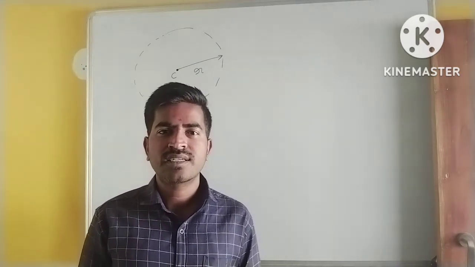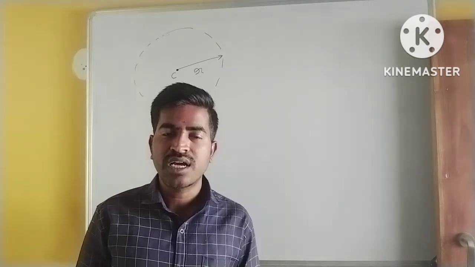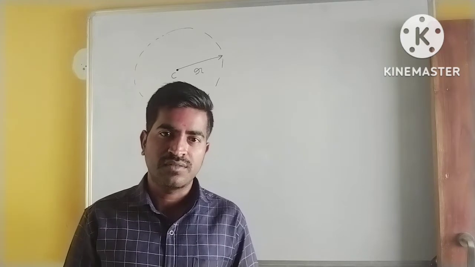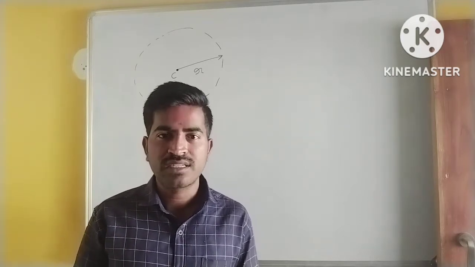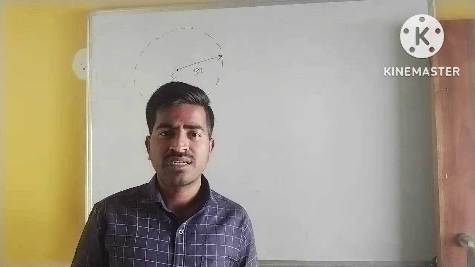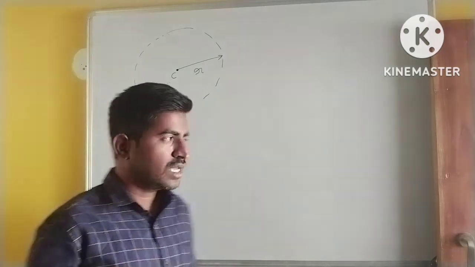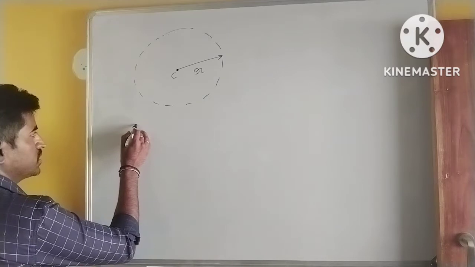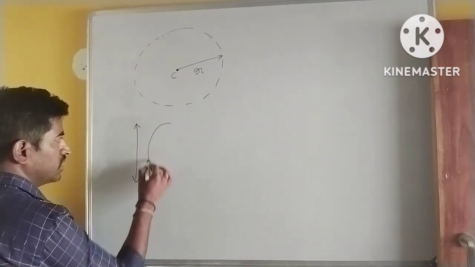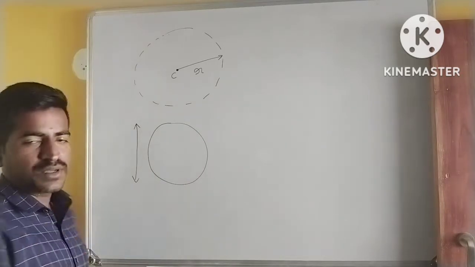Now let us examine the different situations that arise whenever a line and a circle are given. When a line and a circle are given, what are the possible ways they can be placed? Let us consider the first case, where a line and a circle are drawn in this way.